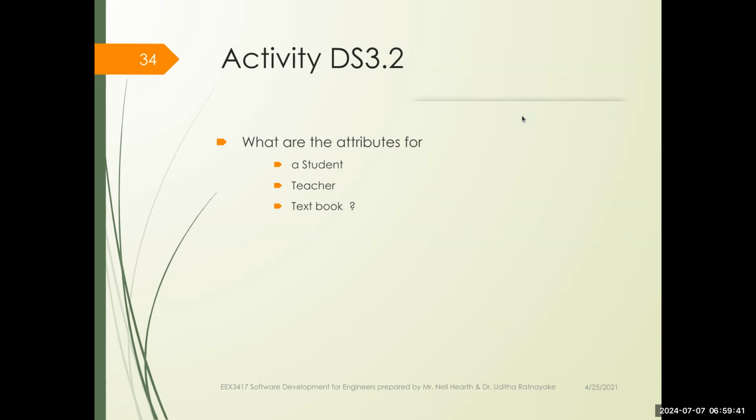Textbook actually has ISBN number, title, number of pages. The attributes are only related to those things that belong to this entity.